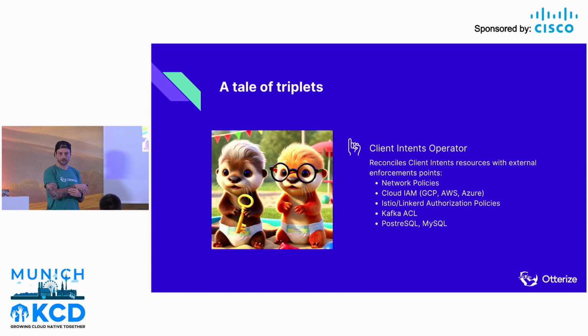I mentioned layer 7. We can do Istio as well, right? If you have Istio installed and enabled for a particular namespace, then instead of automating network policy, we will automate Istio authorization policy at layer 7. And still, if you have more applications running in Kubernetes, we can also automate Kafka ACLs and tie this to certificates as well.